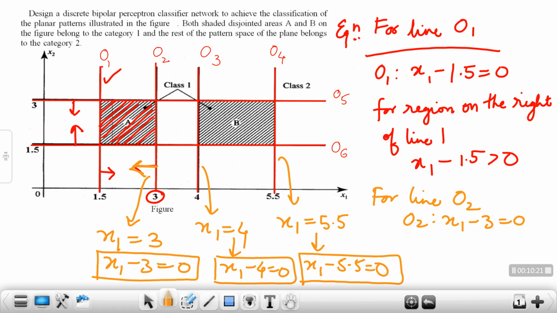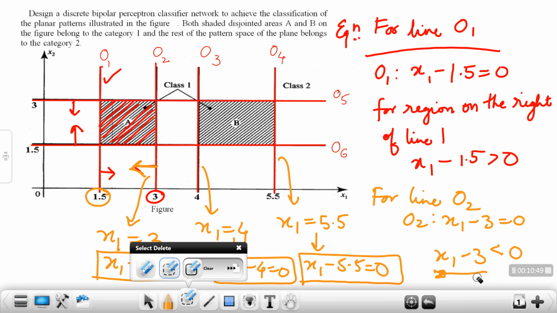But the region we are interested in is on the left hand side, so I write x1 minus 3 should be less than 0. If I want, I can take this particular point 1.5 as x1 and substitute here: 1.5 minus 3 is minus 1.5, which is less than 0. So it is satisfying this particular condition.